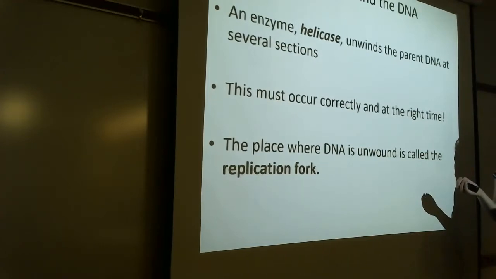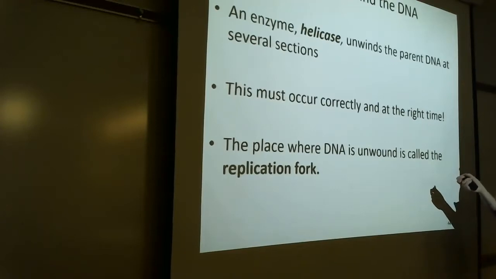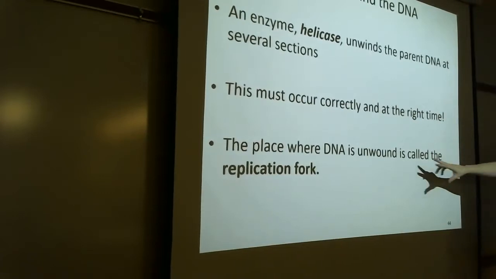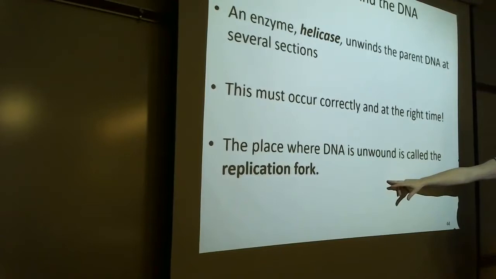If you get a knot in your DNA, topoisomerase 1 versus topoisomerase 2: one makes a single-stranded cut, one makes a double-stranded cut. That's the bottom line. So helicase unwinds it. Topoisomerase 1/2 gets any of those knots out. And then where the DNA gets unwound is called the replication fork.